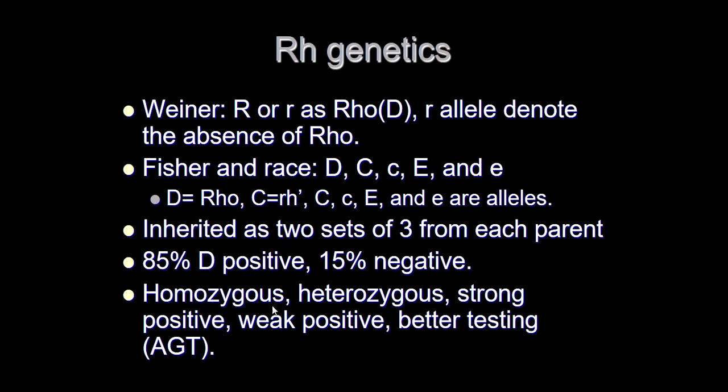And some are homozygous or heterozygous. Here, very important to know. And heterozygous sometimes become strong or weak. If you have two genes strong, one gene weak, it's still positive. So sometimes the testing depends on whether the patient is heterozygous or homozygous, and here we use what we call the antiglobulin test for identification.